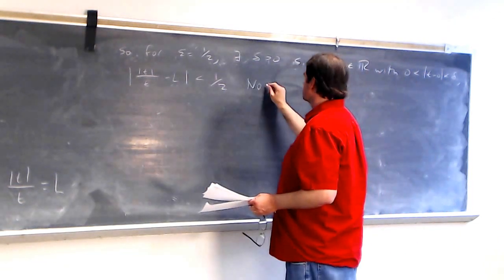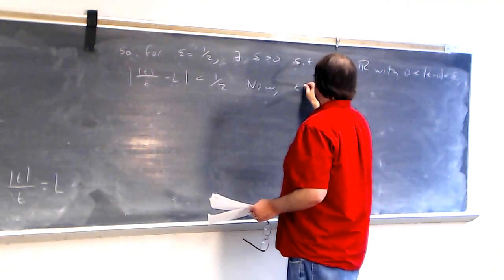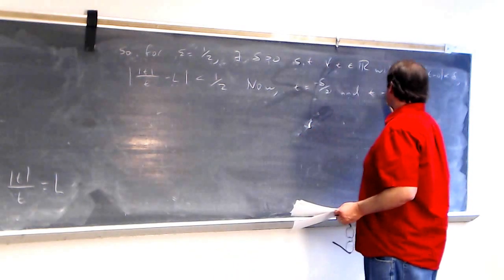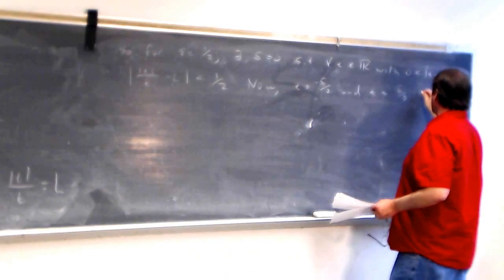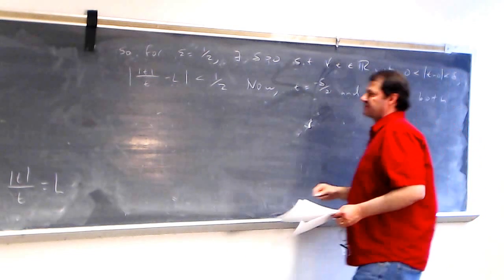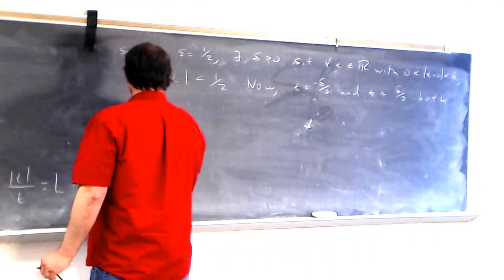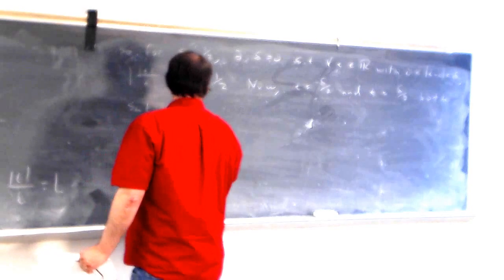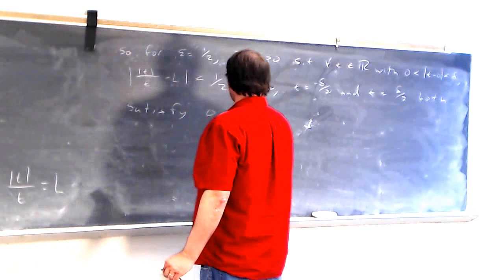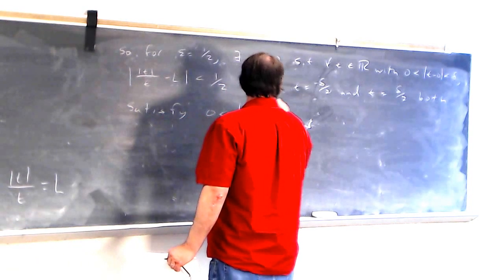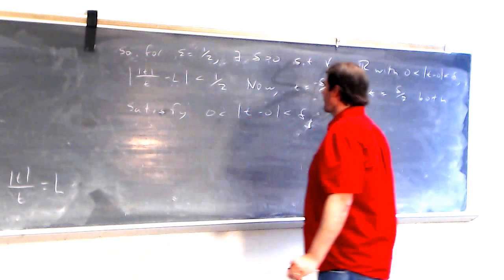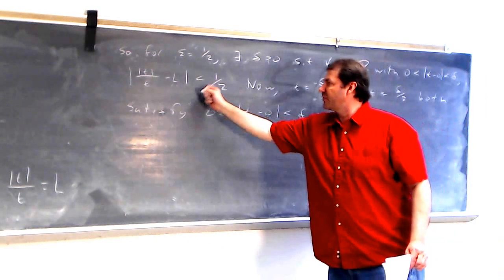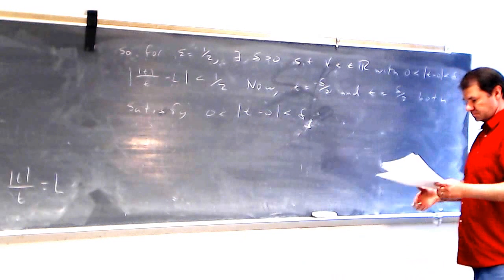Now, t equaling minus delta over 2 and t equaling delta over 2 both satisfy that 0 is less than the absolute value of t minus 0 is less than delta. So for both of these t values, we're going to get that this inequality is true.